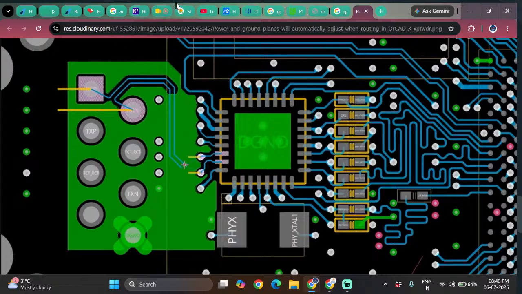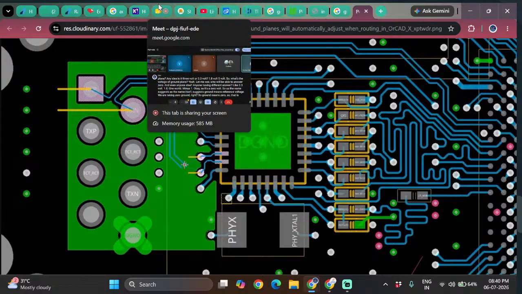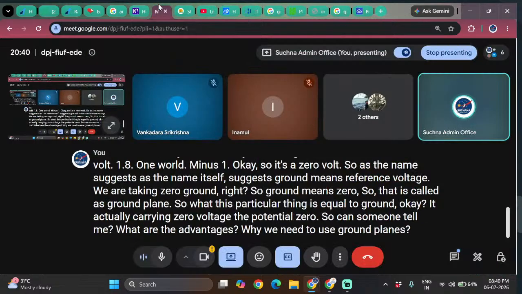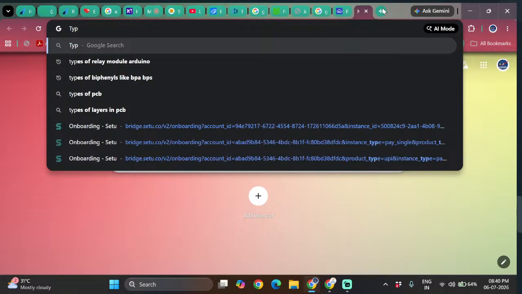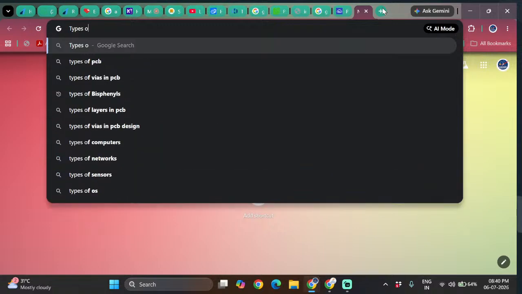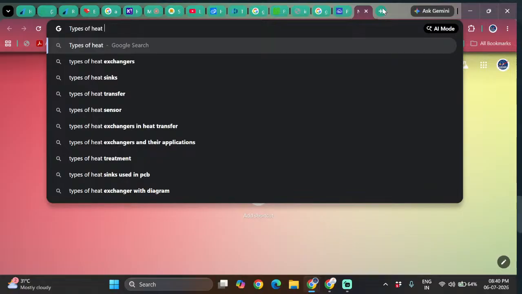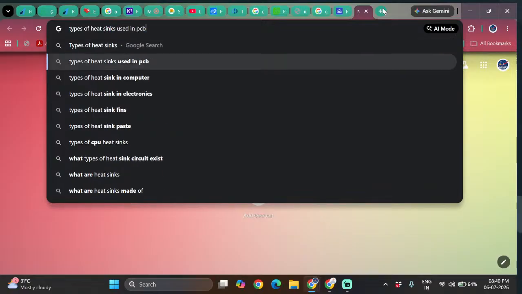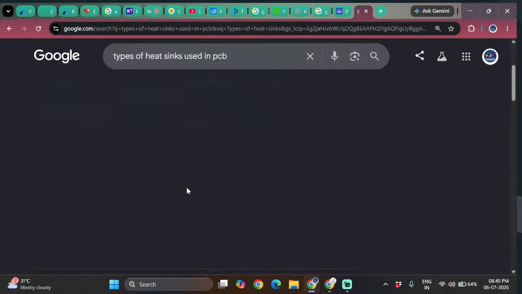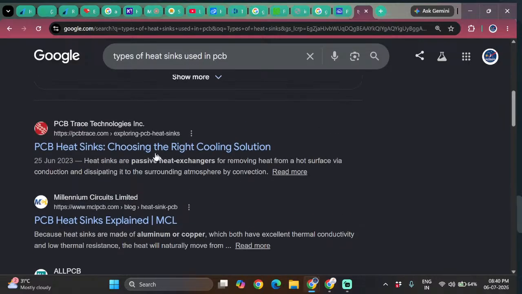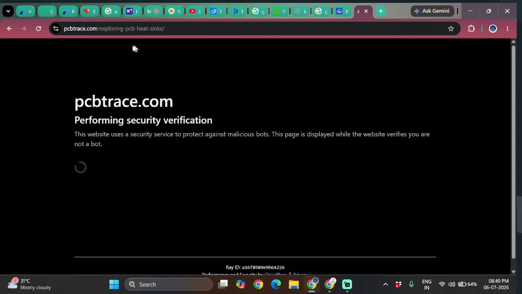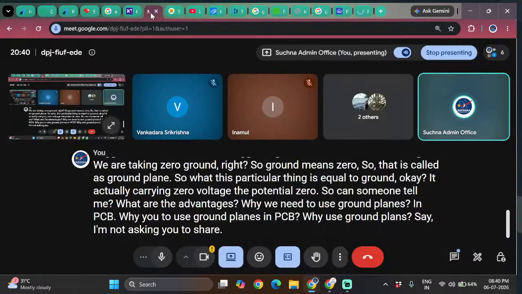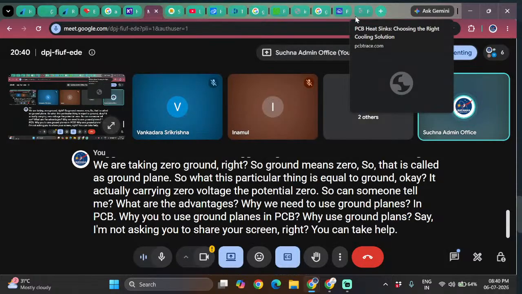So can someone tell me the advantages, why we need to use ground planes in PCB? Why use ground planes? I am not asking you to share your screen, right? You can take help of AI and answer.